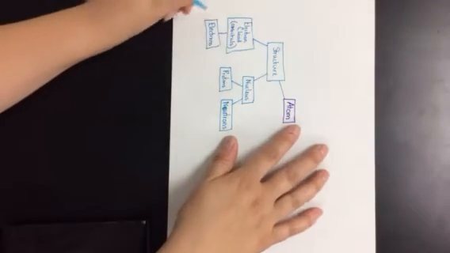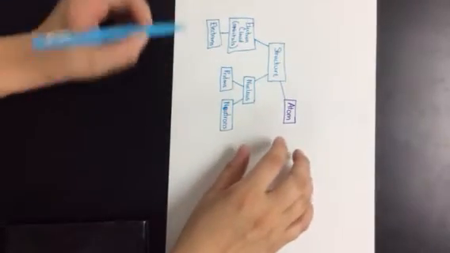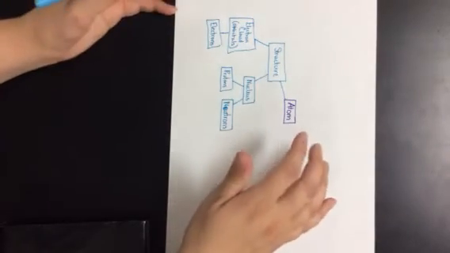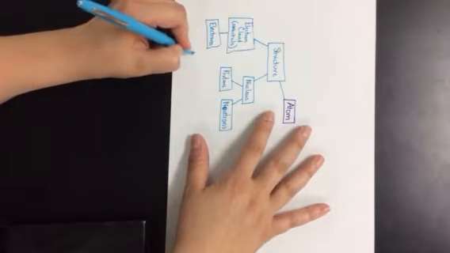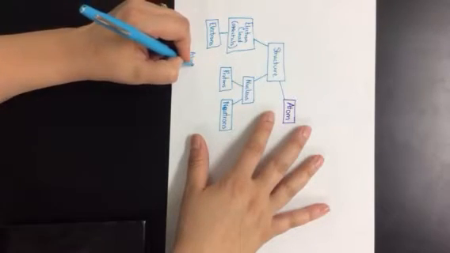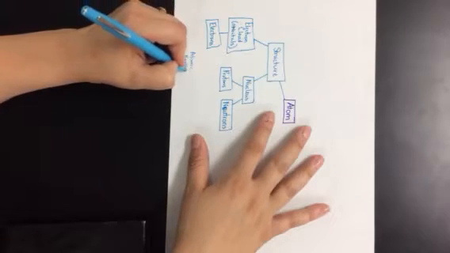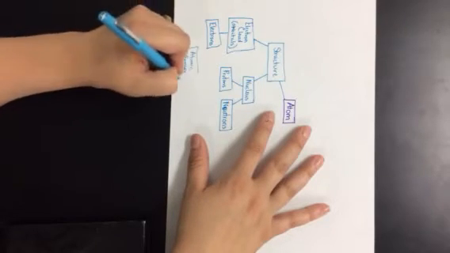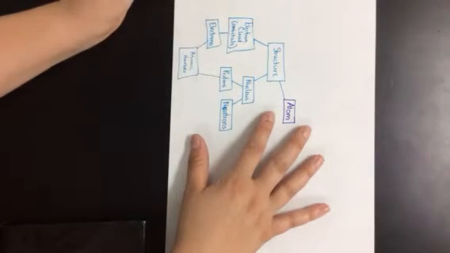Then we talked about how we could find specific things that would tell us how many protons, neutrons, and electrons are in my atom. And we said that the atomic number was going to be equal to our electrons and our protons.